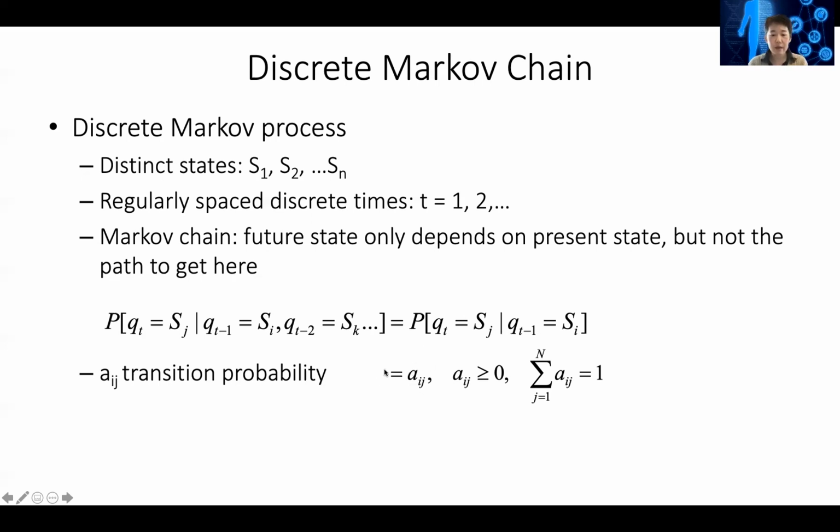And this is something called a transition probability, which is often written as a_ij, which is knowing that at t-1, you get a state i, we want to know what's the probability at time t, we will get to a state j.